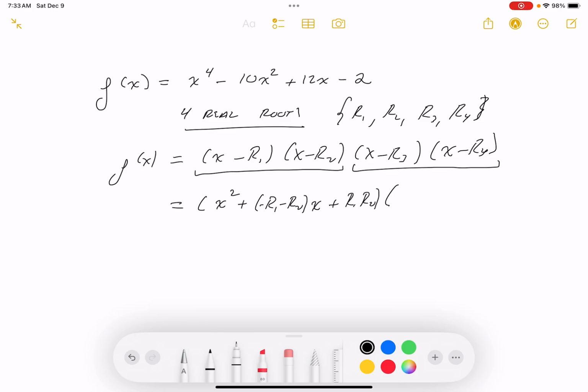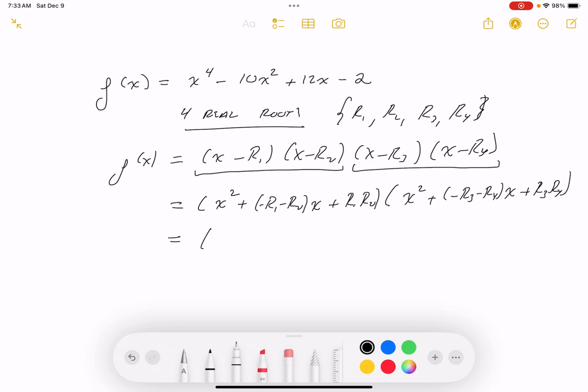Right, what's the next one going to be? x squared minus r3 minus r4, x plus r3 r4.